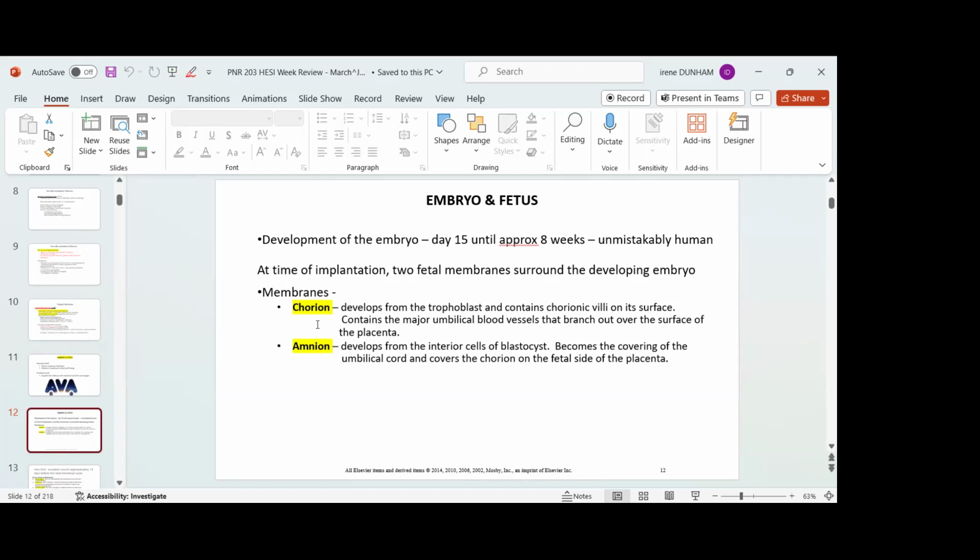So you see how it makes its way out into the blood vessels and then goes over to the placenta. Now the amnion develops from the interior cells of that little blastocyst and becomes the covering of the umbilical cord, and then covers the chorion on the fetal side of the placenta, and that is called the shiny Schultz. That shiny Schultz is the fetal side of the placenta.